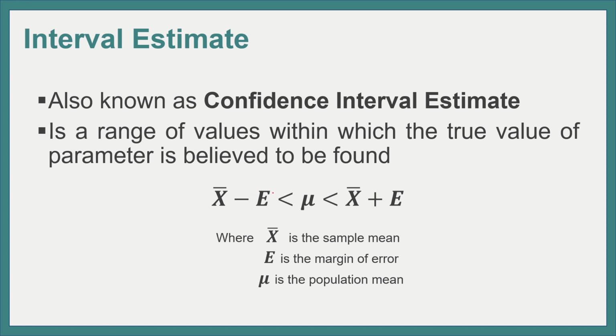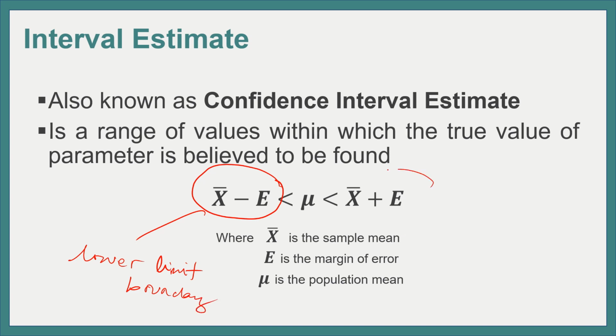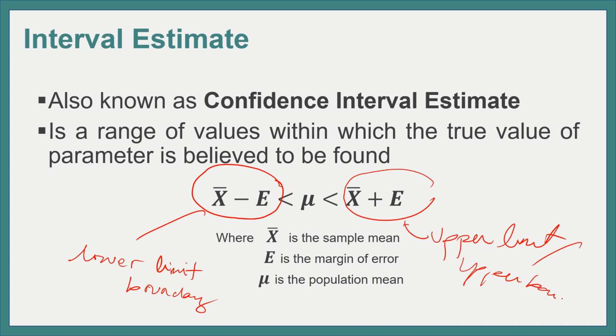So this value here, the x bar minus e, is our lower limit or lower boundary, and this value here is the upper limit, also known as the upper boundary.